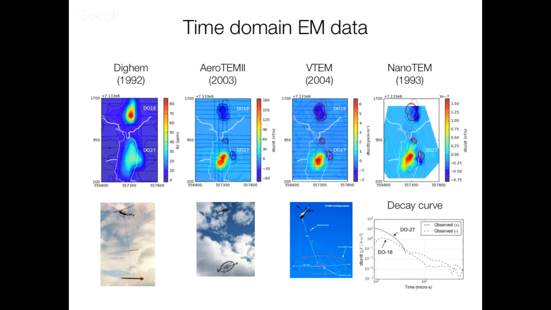It was known at that point, because of this paper by Peter Weidelt, that if you have a coincident loop system, the time domain signature for any three-dimensional conductivity had to be positive. And the only thing that could cause it to be negative is if there was some IP effect.